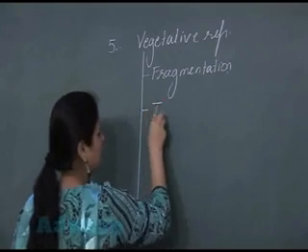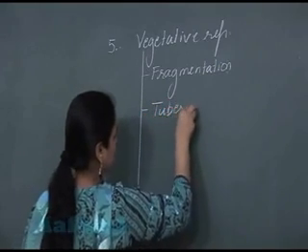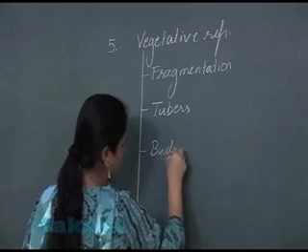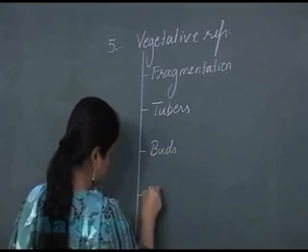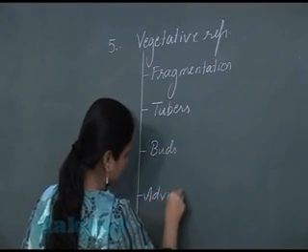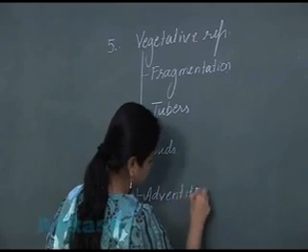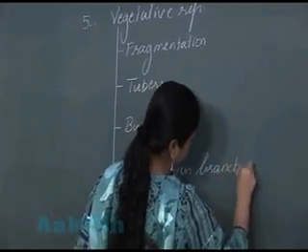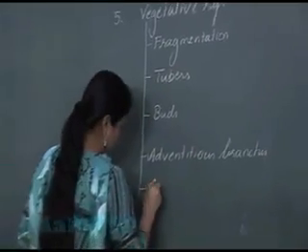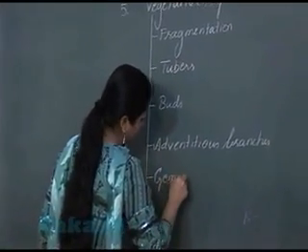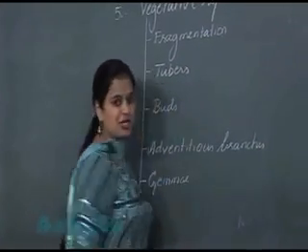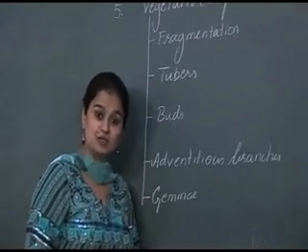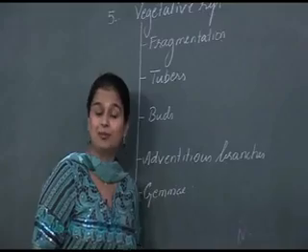Second, there can be formation of tubers. Then there is formation of bud, adventitious branches, and there can be formation of gemmae. Now this is very important. I will be dealing with the structure of this in the coming part of the lecture.